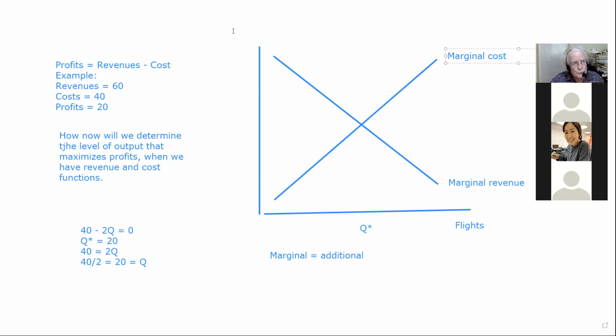Okay, so first take a look at flight number 10 for the airline. And the revenue of that flight is, shall we say, $60 million. But the cost of providing that flight is only $10 million.